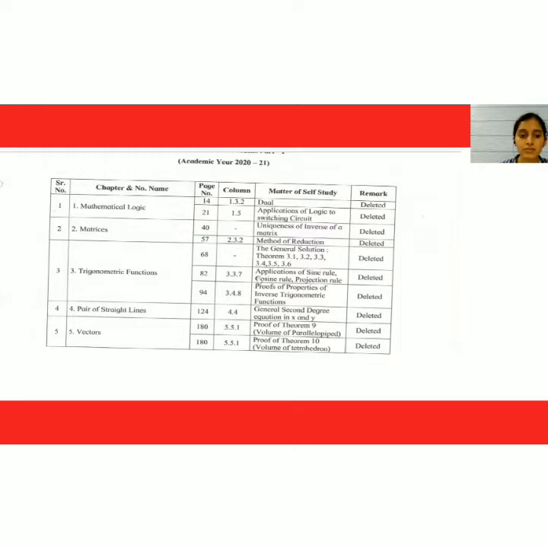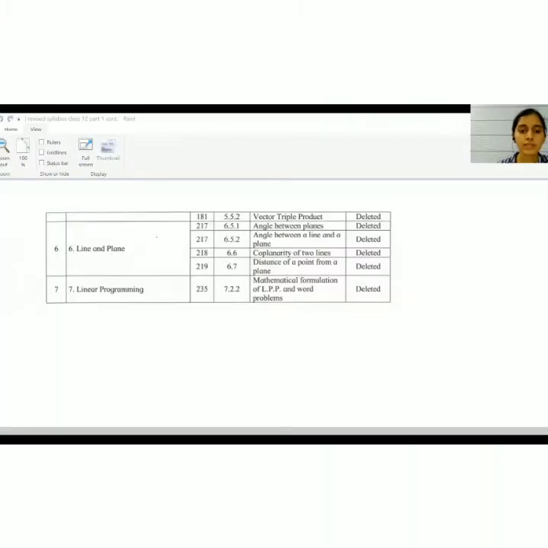Okay, that is vectors. Now there's one more part to this. One second. Yes, so there's chapter 6 also. Sorry, in vectors, there is one more part, 5.5.2, page 181, vector triple product.